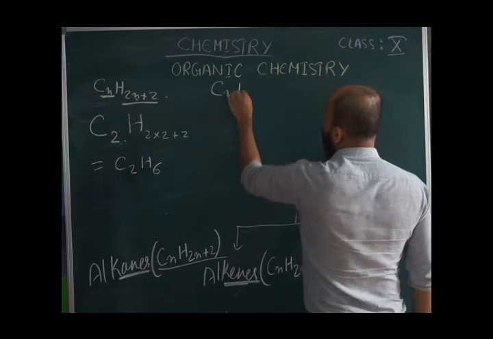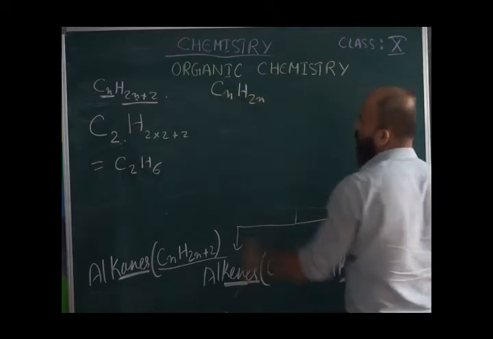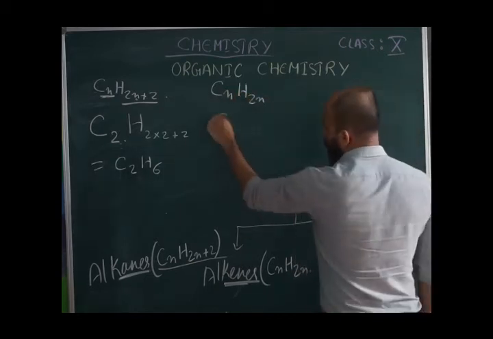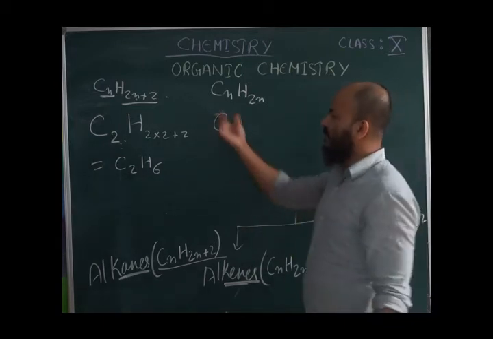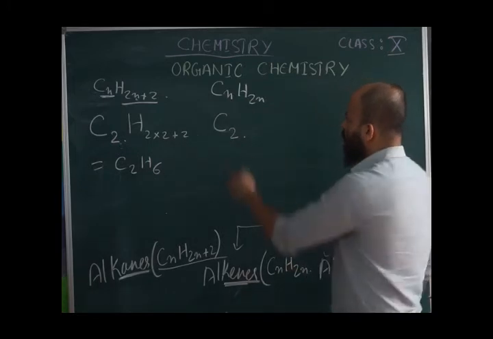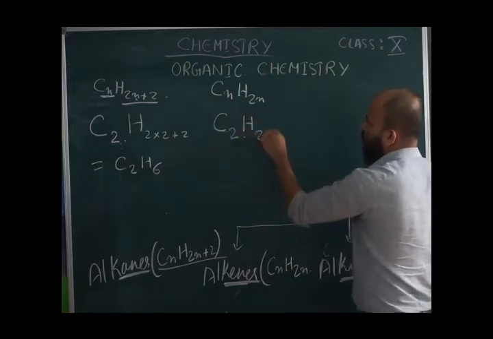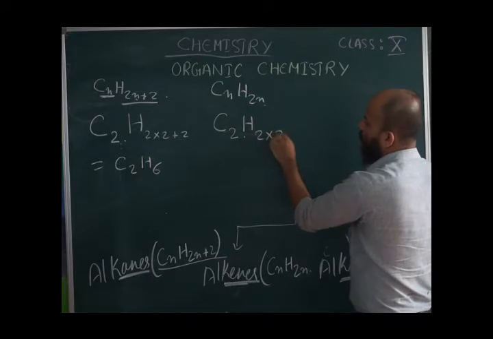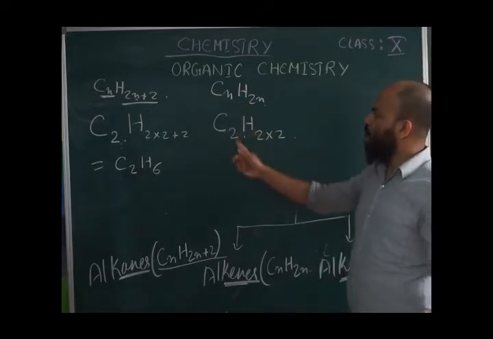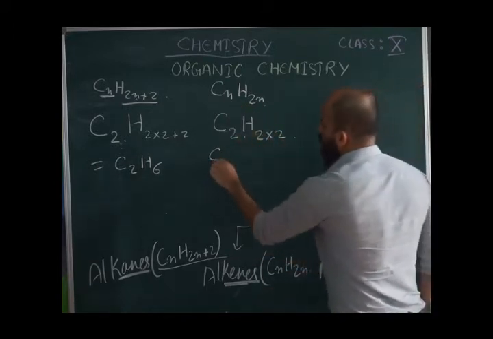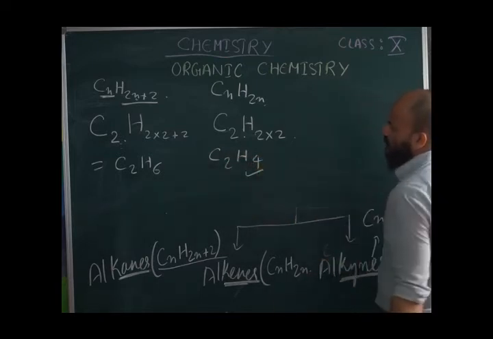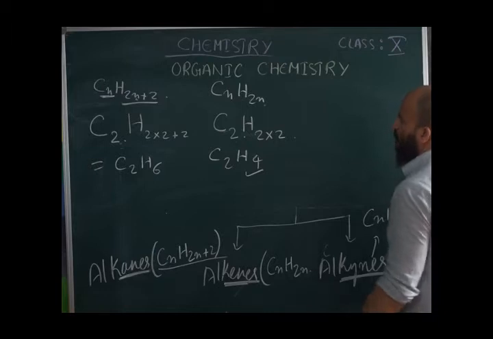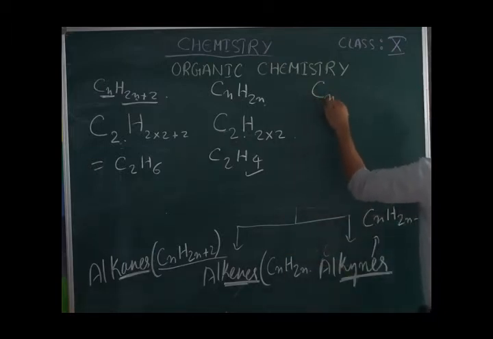Now let's take alkene. Alkene is CnH2n. So let's take the same number of carbon atoms, 2. So for this compound to be alkene, what should be the number of hydrogen? The value of N is the same, 2. So C2H4. Now this compound is alkene. And what is the general formula for alkyne? CnH2n minus 2.